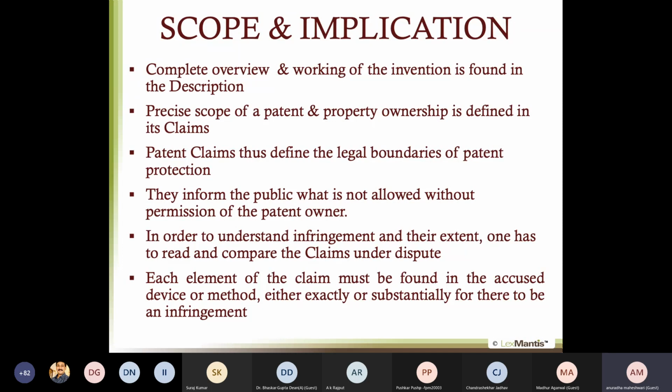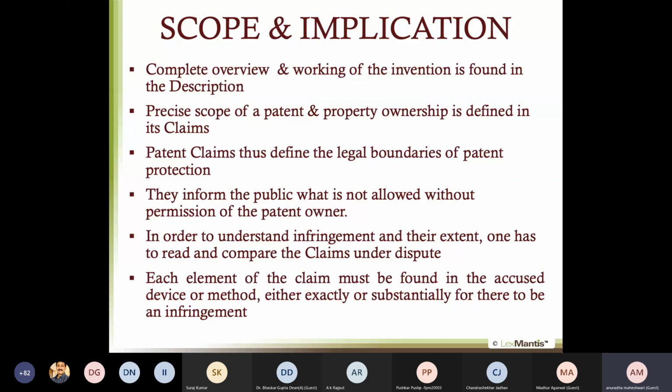And the claims define the legal boundaries of the patent protection. This is my territory and nobody can come into my territory. Only I am allowed to make this particular invention. So they inform the public what is allowed and what is not allowed without the permission of the patent owner.